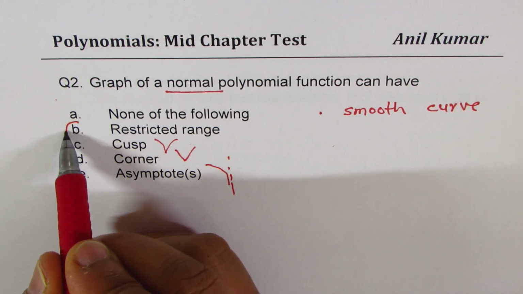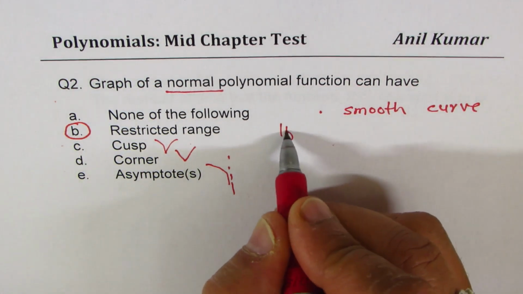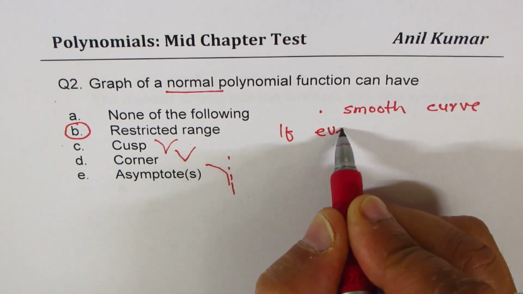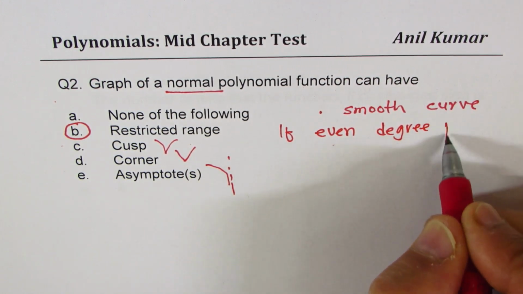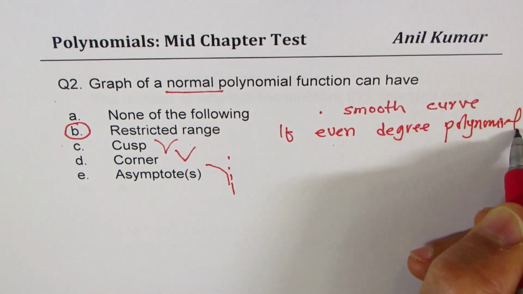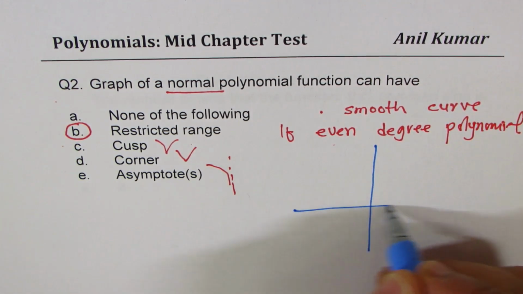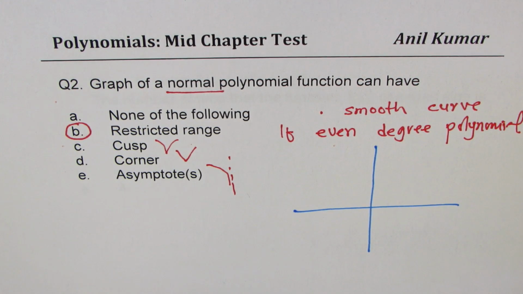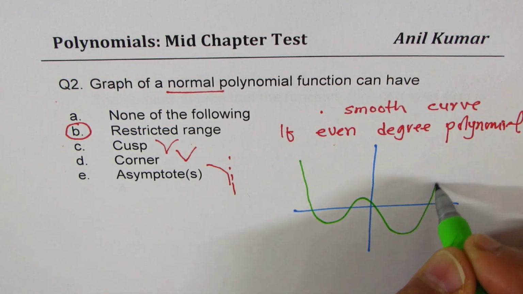But what it can have is a restricted range, especially if we have an even degree polynomial. In that case, you could actually have y greater than or equal to some value. So we could have absolute maximum or minimum, correct? So that's the whole idea. For example, you could have a function like this.